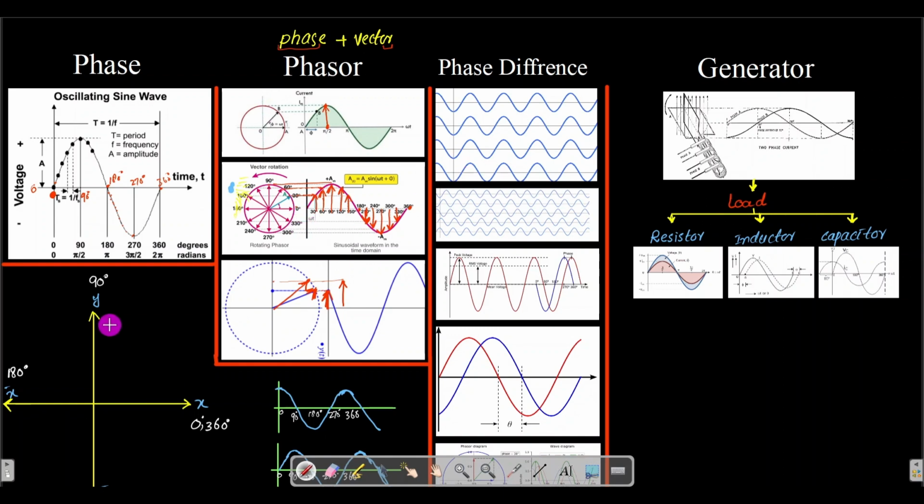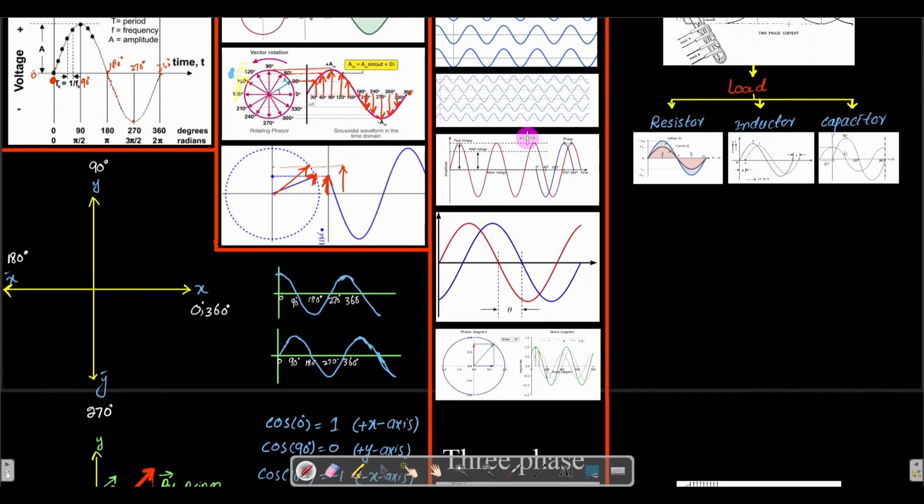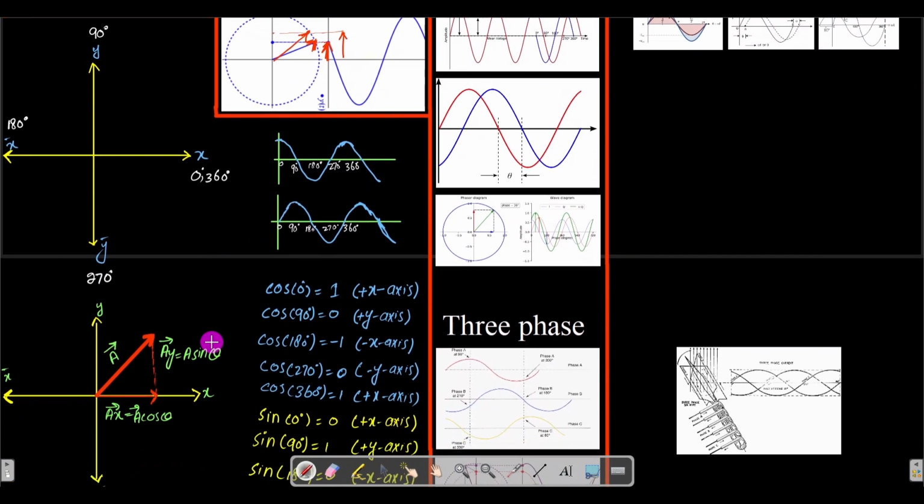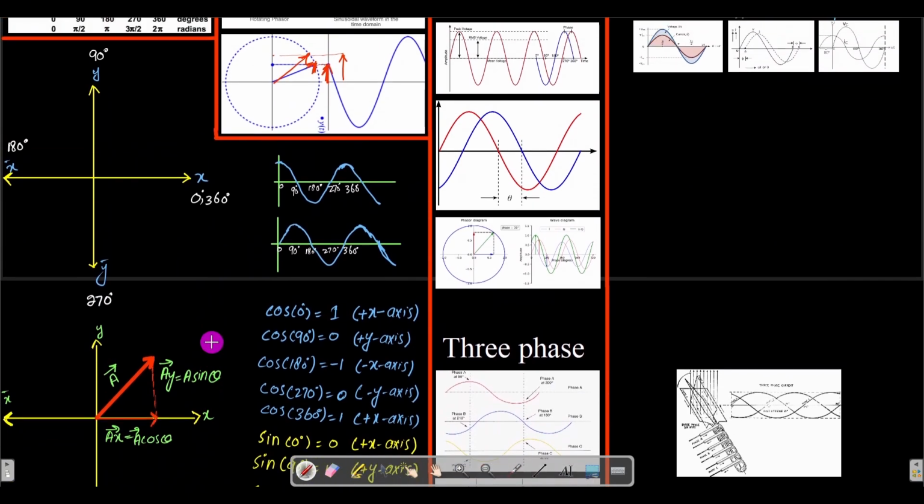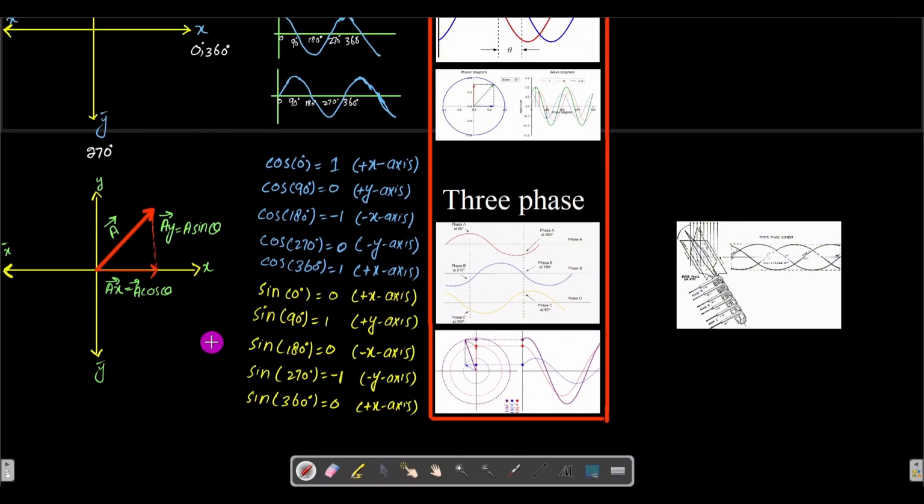And now before going to phase difference, we have to cover the concept of cos theta and sin theta. As we know, if we have a vector, let's say this is the vector, and we know from the resolution of the vector, this vector has this projection. The y component of this vector is ay, okay, this component is in the y direction and this is in the x direction.